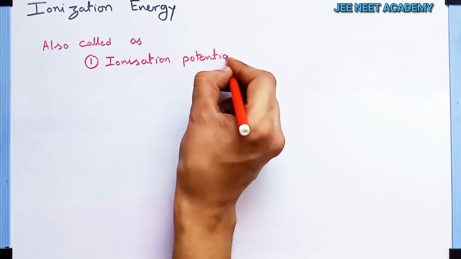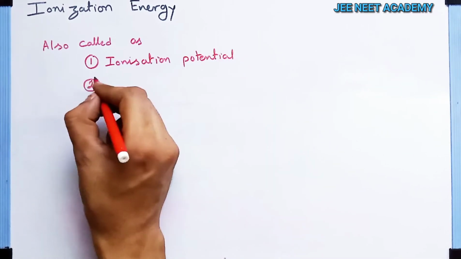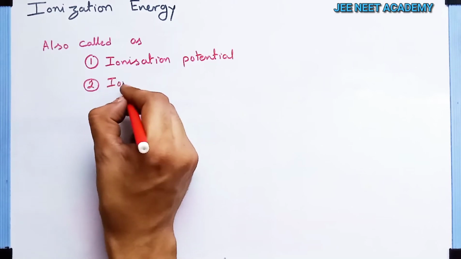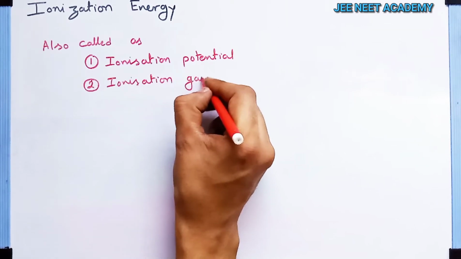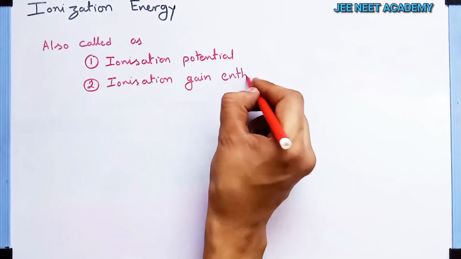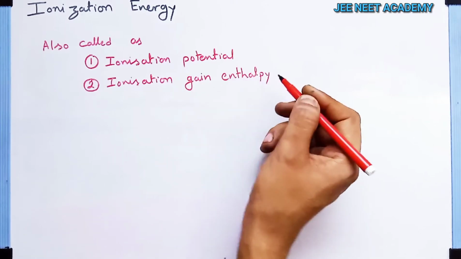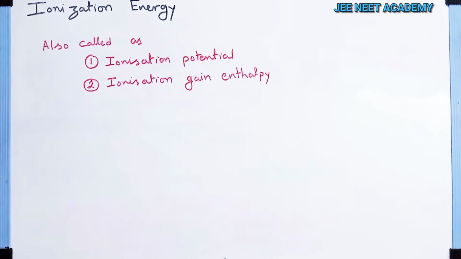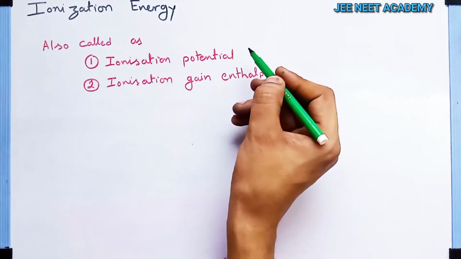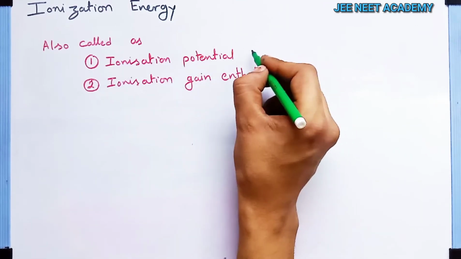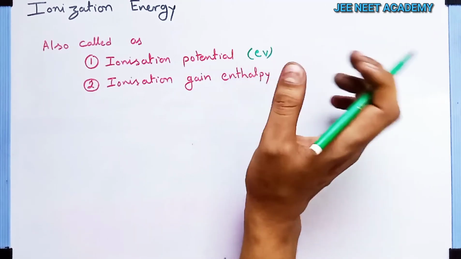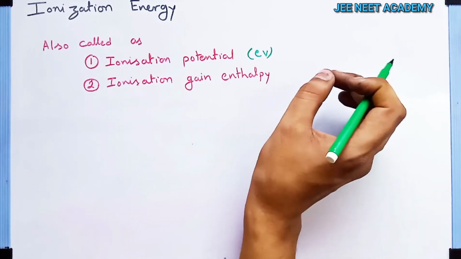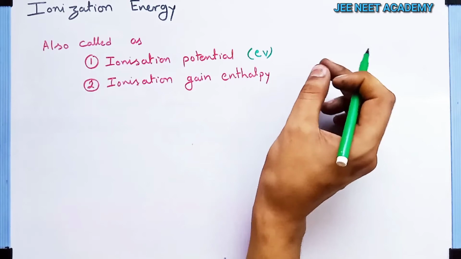Whenever they say ionization potential, they will give it in electron volts, because this is a potential where the atom will release one electron, the outermost electron, from its outermost orbit.